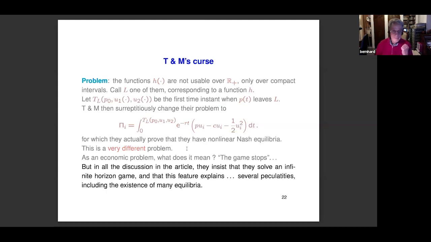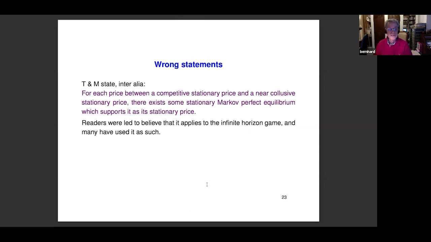The problem is that in all the discussion in the original article, the authors insist that they solve an infinite horizon game, and that this feature explains many peculiarities, including the existence of many equilibria. And I quote one of the many sentences to that point, here in purple.